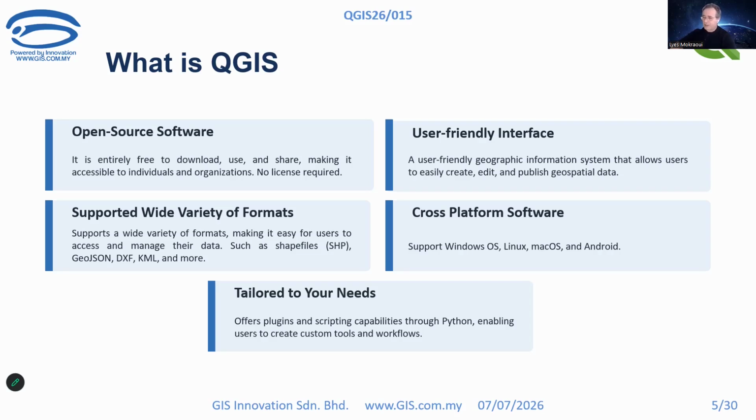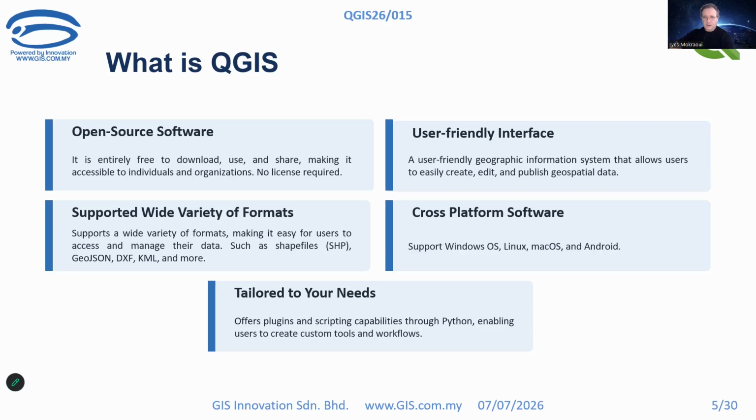Okay, but before that, since we are going to demo this through QGIS, we need to talk about QGIS first. So what is QGIS? QGIS is an open source desktop GIS software. It is entirely free. You can just download it from the QGIS website.